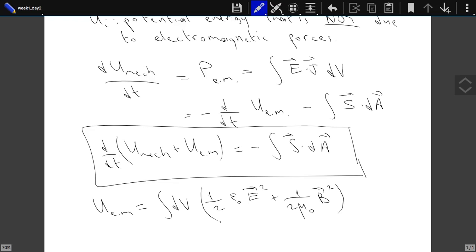So this is what we call the energy stored in the electromagnetic fields. Then we have this term. And that term we also interpreted in this form. You see, this U mechanical energy is the mechanical energy of the particles within my volume V. Let's say this is V. This is the electromagnetic energy stored within my volume V.